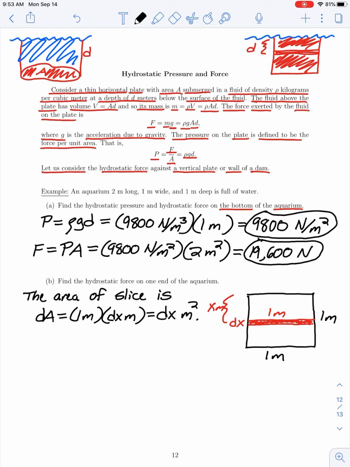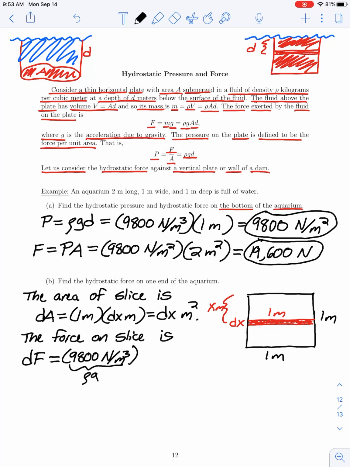Now, to find the force, or hydrostatic force on this slice, which I'm going to call a differential dF of the total force that I'm interested in, well, I would take the weight density of water, which is 9,800 newtons per cubic meter. So this is our rho times g, density of water times acceleration due to gravity, to give us weight density.